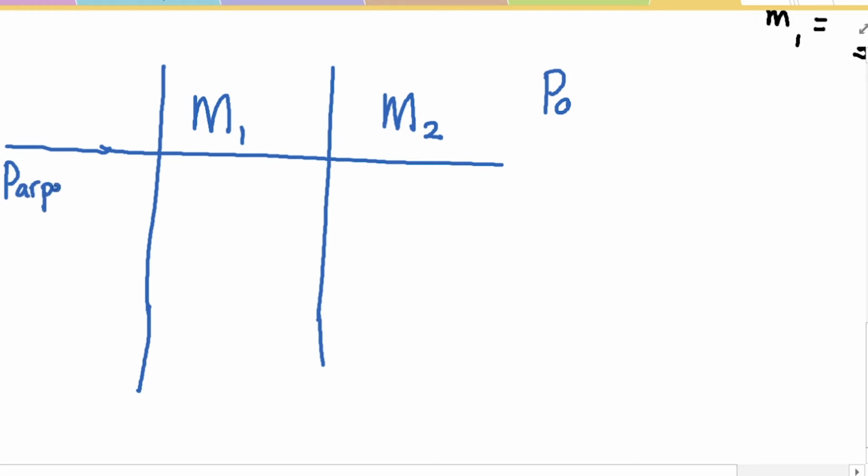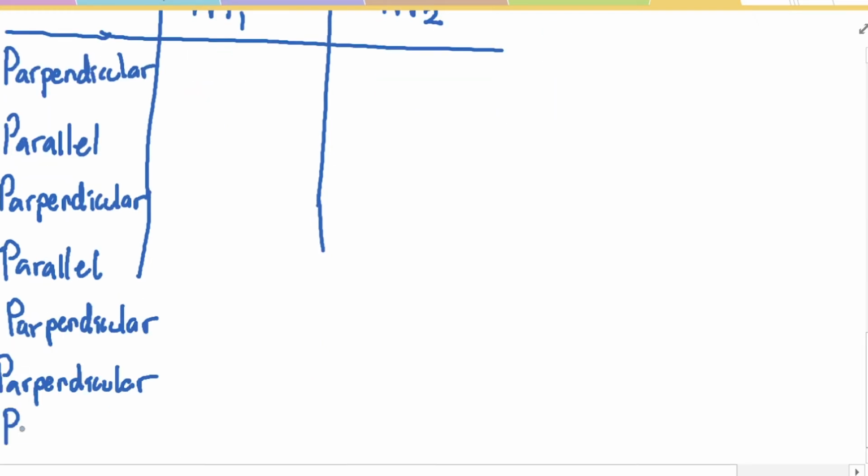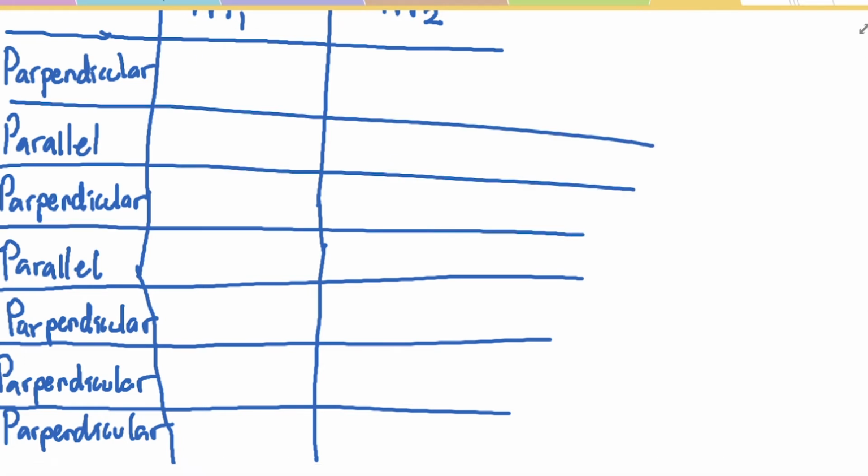They can either be parallel or perpendicular, so we have numbers here.